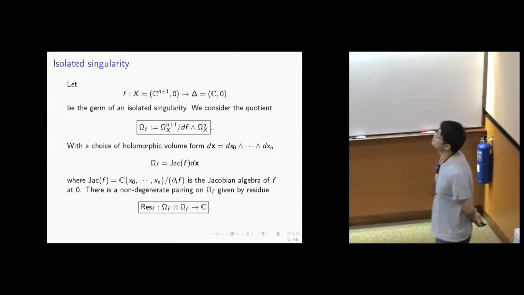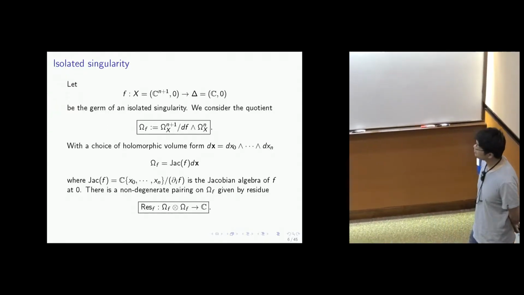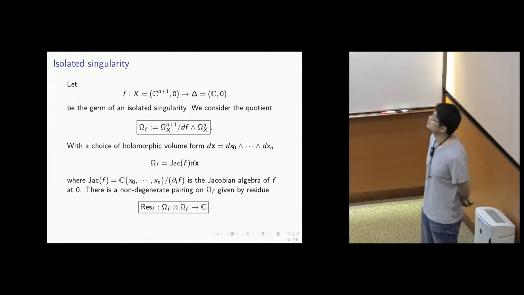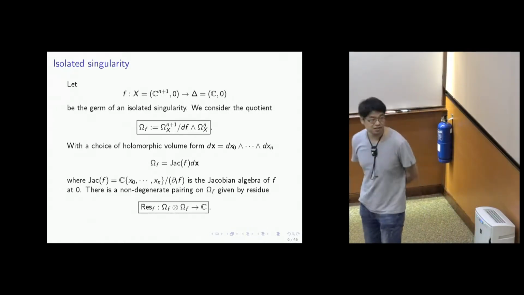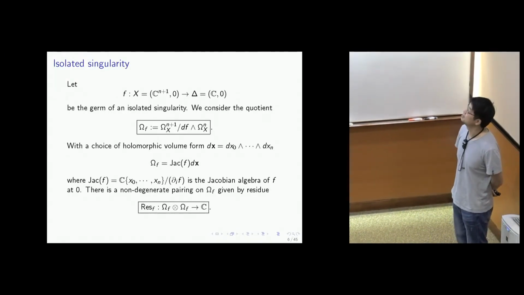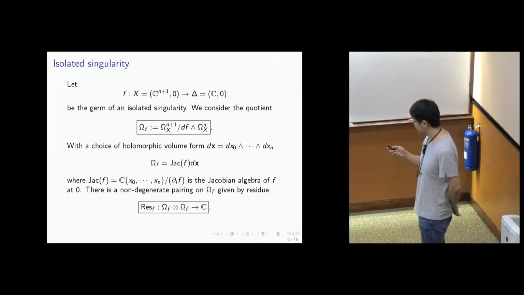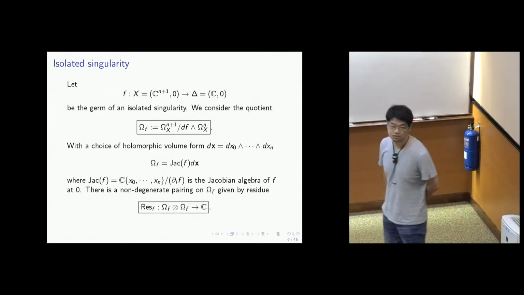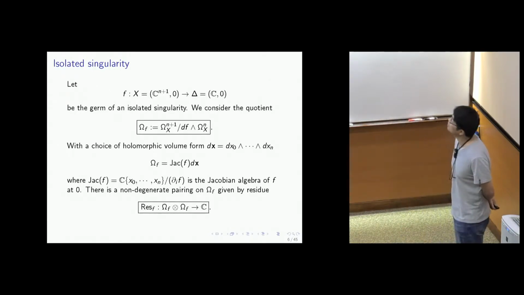Let me explain some basic notions from this original example. Suppose f is an isolated singularity, a holomorphic function with an isolated critical point at the origin. Usually we consider this quotient, the top forms divided by df wedge (n-1)-forms, Omega^n.